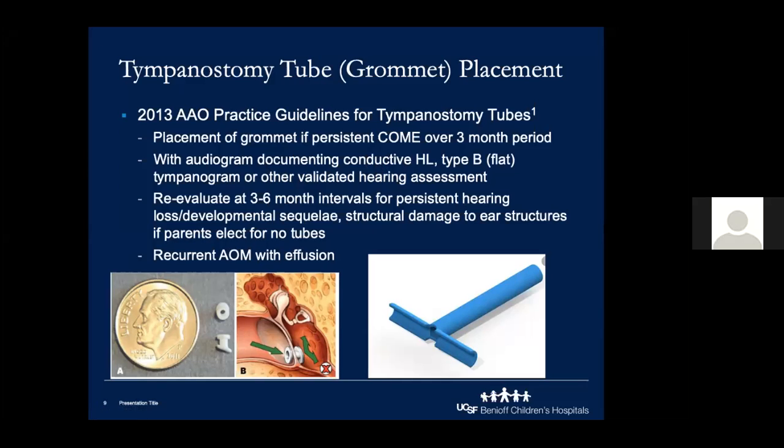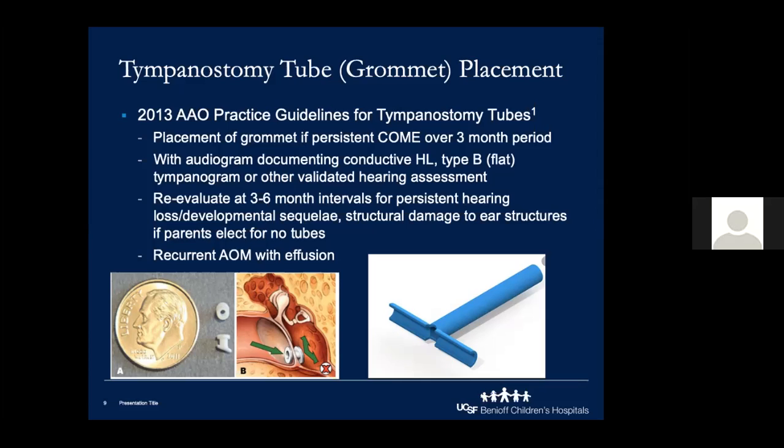Of course, also recurrent acute otitis media, especially with documented effusion, or concern about kids who are at increased risk for negative sequelae. Kids who have had a number of infections over the course of the year, usually more than 3 in 6 months, are often candidates for this. There are parents who elect not to have it.